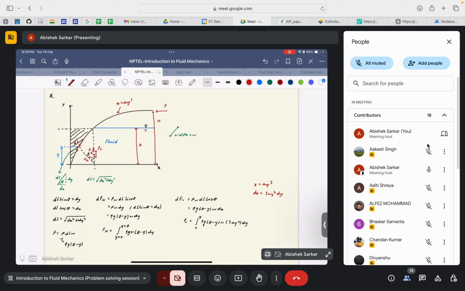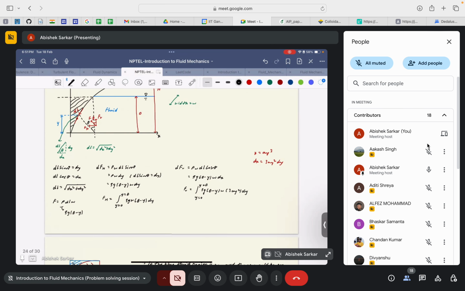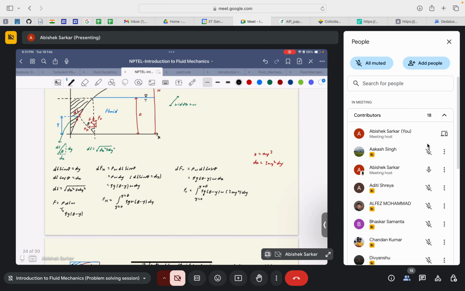Then just substitute this value here, so we will get Fv is equal to the integration from y equal to 0 to y equal to d of rho g (d minus y) w into 3a y square into dy. Again, once you carry forward the integration, you can find the resultant force as F is equal to the square root of Fh square plus Fv square.